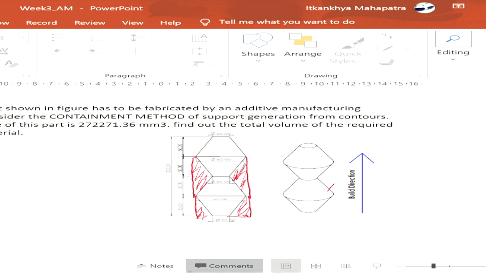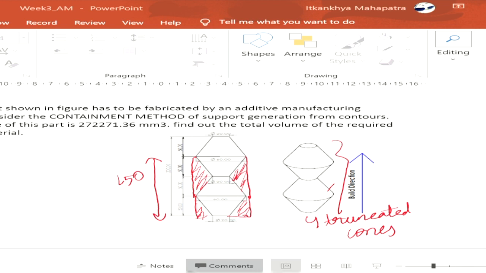Now this object consists of 4 truncated cones. This total, if we consider this one, is 150. This is 60, as it is given here 60, and the width, depth will also be 60.